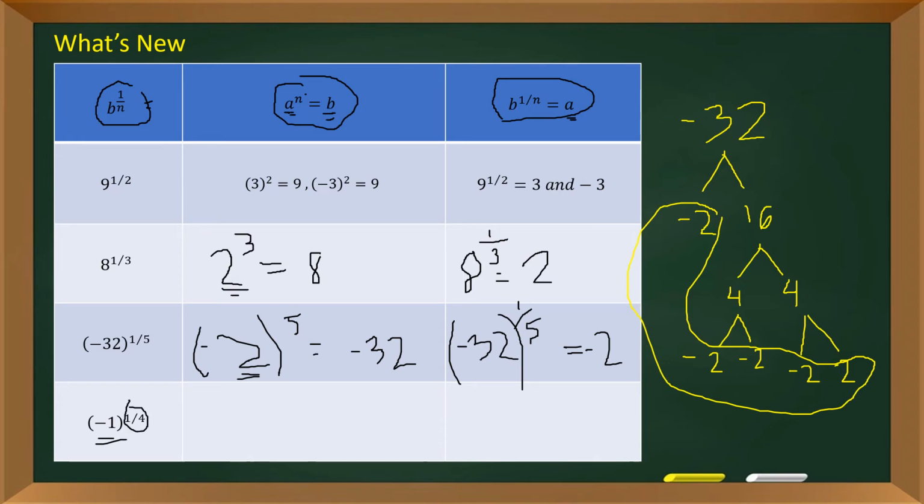Next, negative 1 on the fourth row, negative 1 raised to 1/4. But as you can see, our base is negative and our exponent is an even number. Since our b is negative 1 and our exponent is an even number, there is no value for a raised to n equals b.